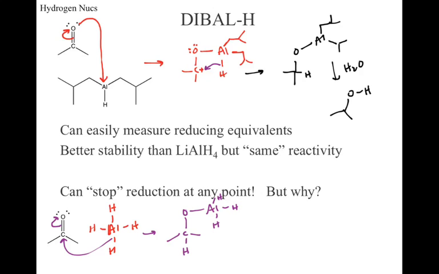With the DIBAL, because it's relatively stable, we aren't really concerned about the loss of those hydrides, so we can measure out an exact amount to get a very perfect 1-to-1 ratio. That allows us to go through and do single reductions, which is nice.